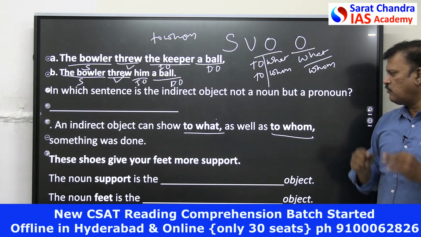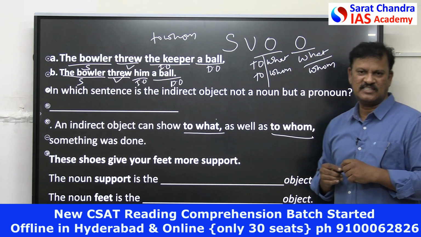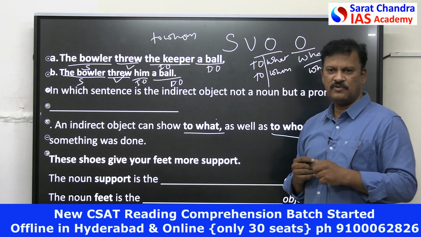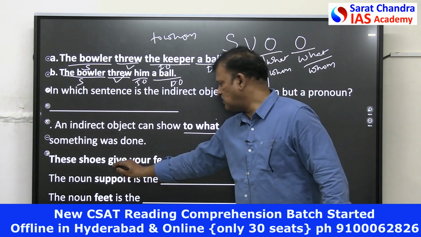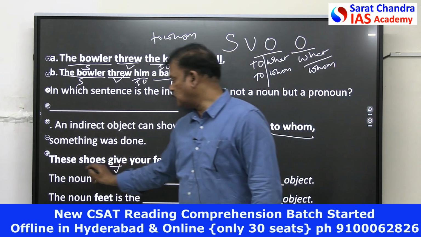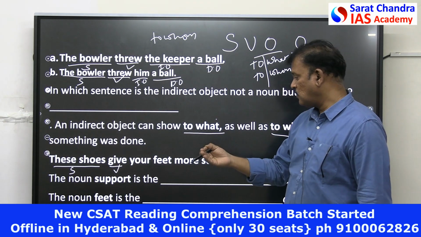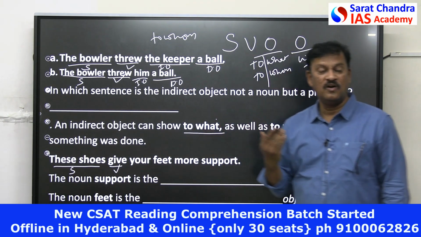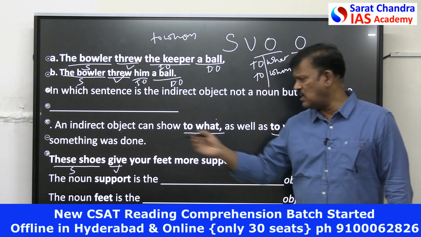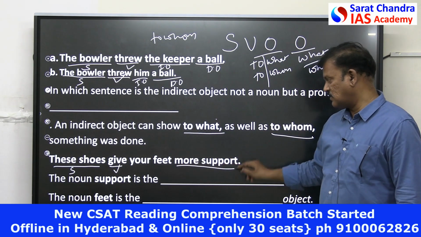These shoes give your feet more support. How do you see this sentence grammatically? Where is the verb? Very good. Now, these shoes, yes, subject. These shoes give what? See, even if I don't look at that, it's a good what. These shoes give, very good, more support.